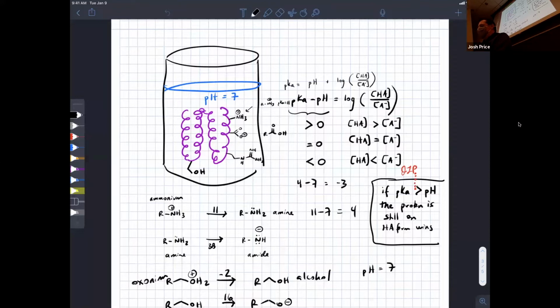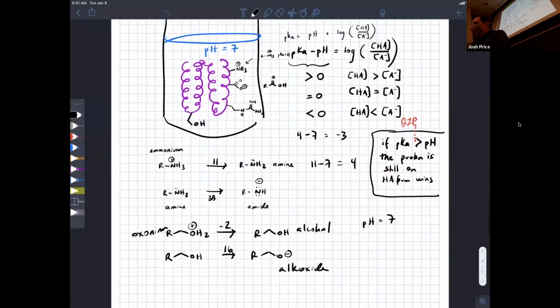And we learned that by comparing pKa and pH, we can determine that. We spent some time talking about not getting tripped up with the equilibria for amino compounds, recognizing that the amine is an acid with a pKa of 38, but it is also the conjugate base of ammonium with pKa 11. And so when you're in pH 7 water, the form that dominates is actually going to be the ammonium.